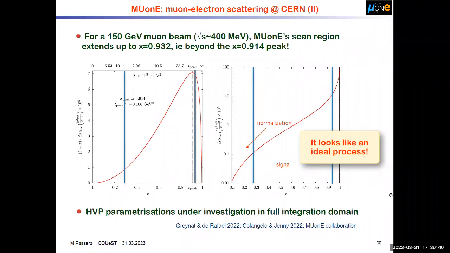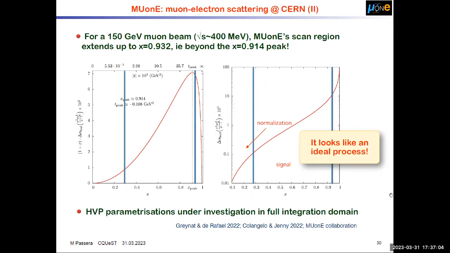There is a region here at small x where delta alpha alone, without the 1 minus x, is small. The signal for us is delta alpha, that's what we want to measure. In this region, the uncertainty of delta alpha is very small, to be precise, and therefore we can use it as a normalization region.